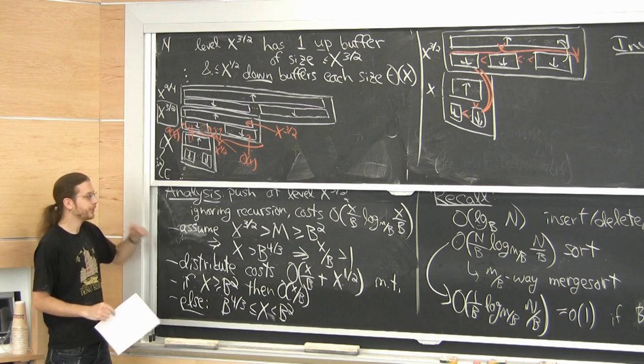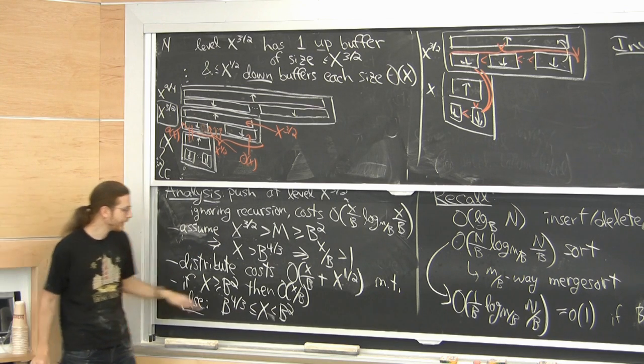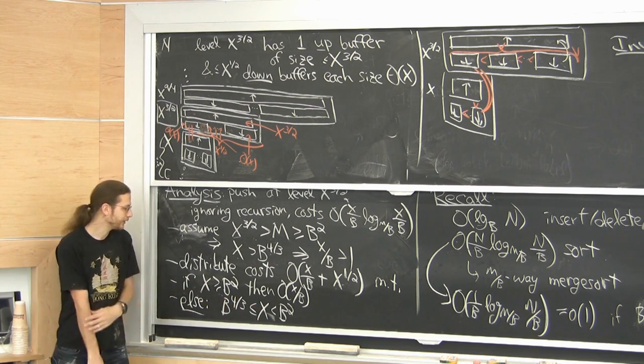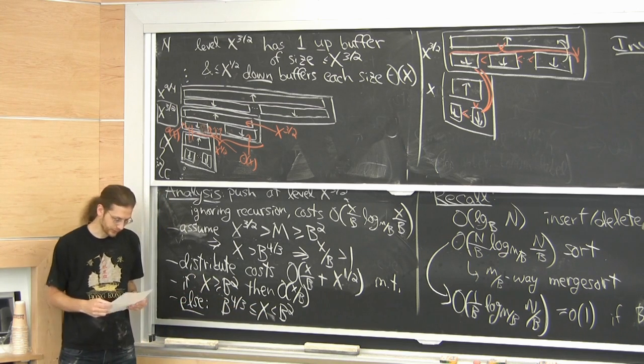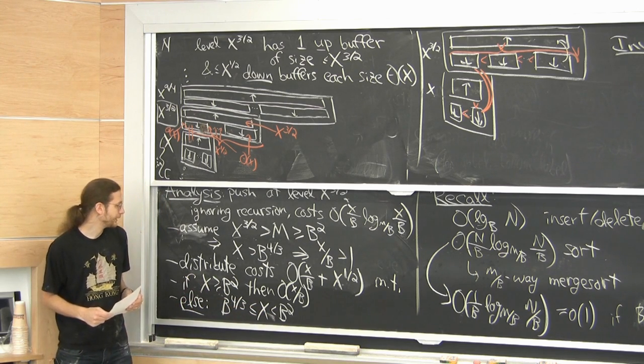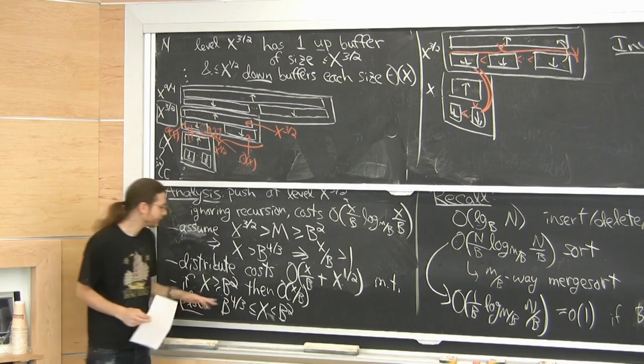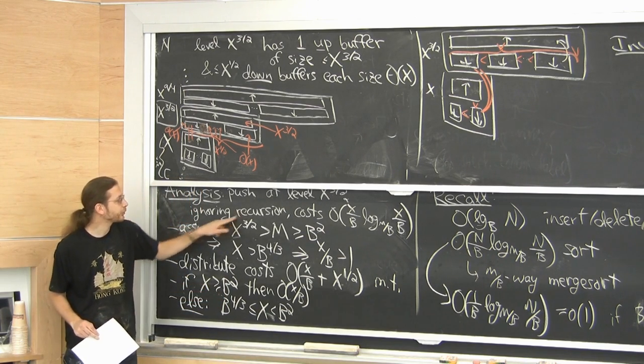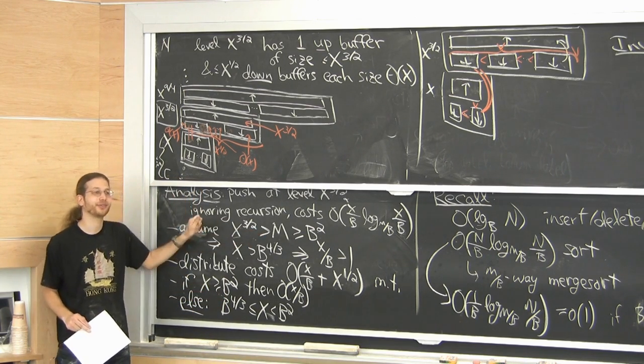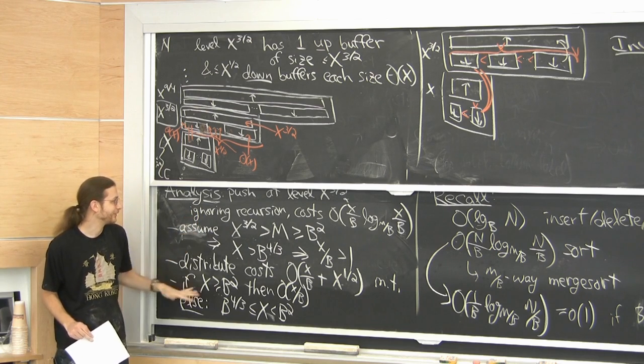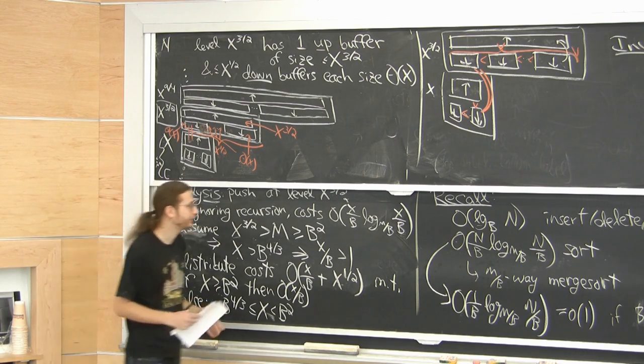Because you're jumping in this doubly exponential way, you might miss slightly, and so you're in between these two levels. Why is this? Because we only know that x to the 3/2 is less than M. We don't know that x is less than M. So we have a bit of a slop there.